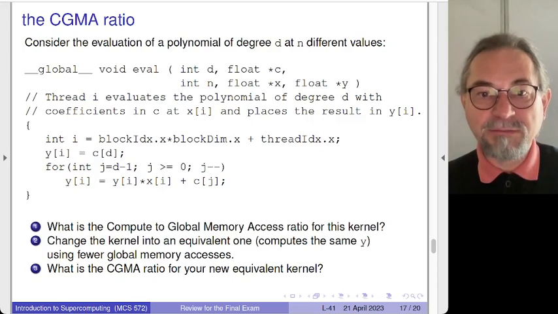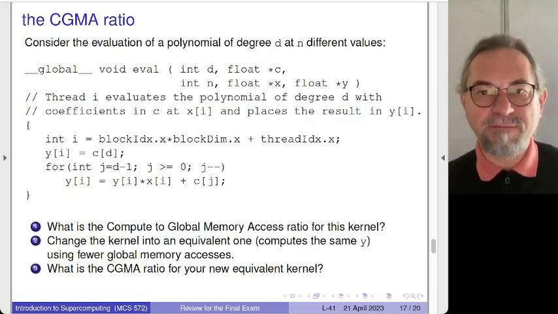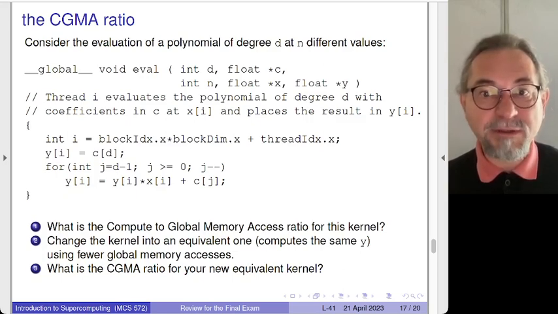The algorithm running here is the Horner method, executed on the ith thread. The ith thread evaluates the polynomial at the ith input. This is a perfectly fine example of data parallelism.